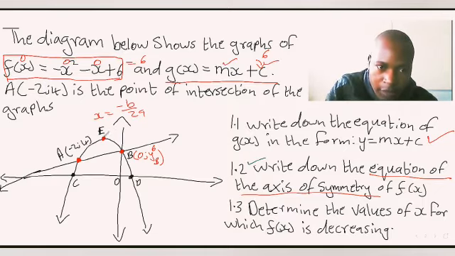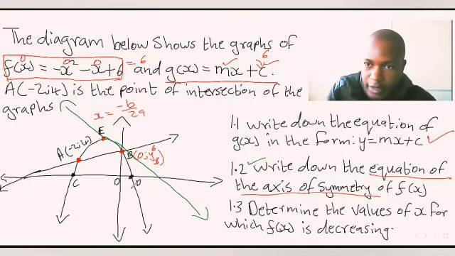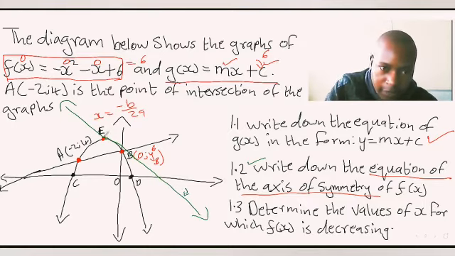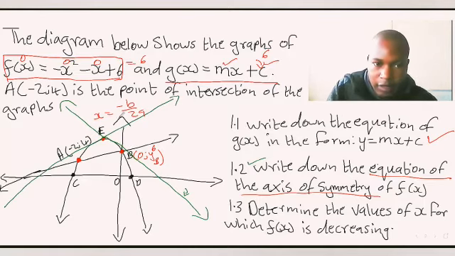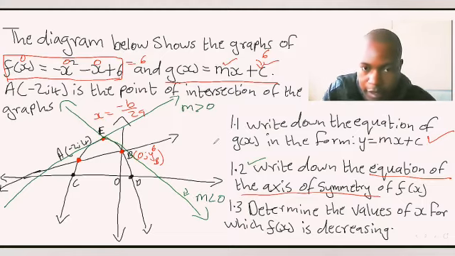This gradient going in that direction would be a decreasing gradient, or rather a negative gradient. An increasing gradient would be going in that direction. Remember, for an increasing gradient, the gradient would be greater than 0. For a decreasing gradient, the gradient would be less than 0.